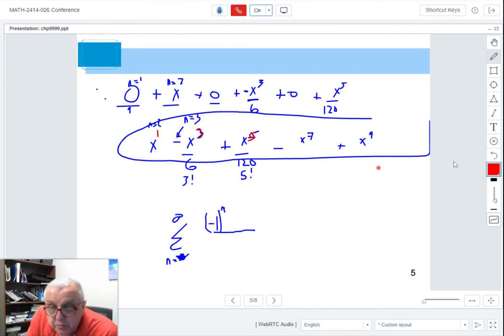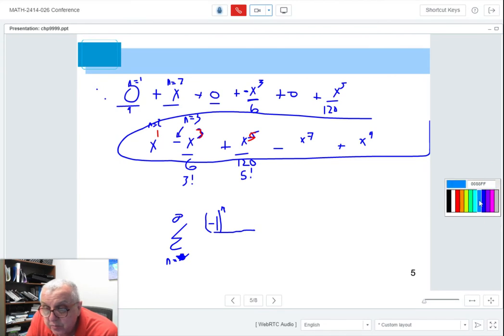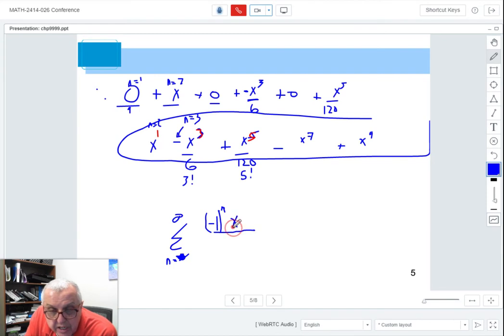So it's going to be an x, and we want it to start off with a power of 1. But this starts with n is 0. So the only way to start off with a power of 1 when n is 0 is by putting an n plus 1 here.